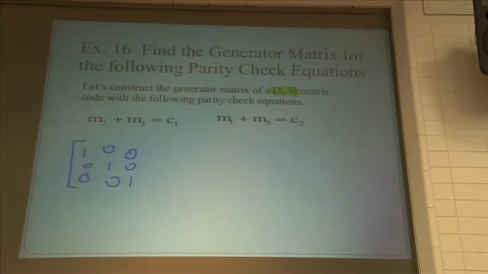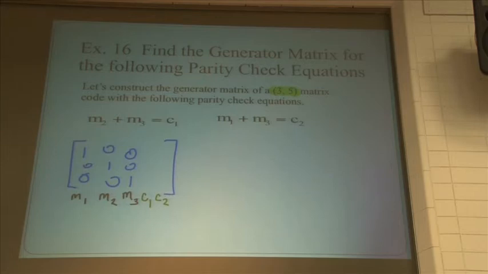And that means we're going to have 2 more columns. So let's label this. This is M1. 2 more columns for the check bits. So this will be C1 and C2.